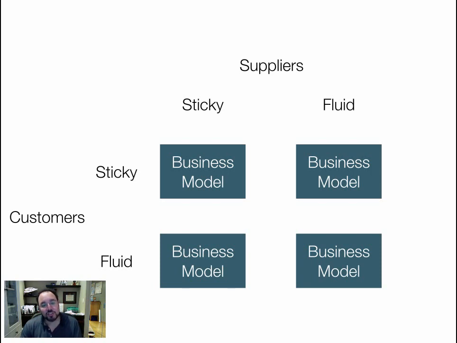Remember, an agent is sticky if they have to engage in specific investments that are directed solely at your venture, whereas an agent is fluid if whatever you're asking them to do is something that won't be particularly costly for them, especially if you didn't actually exist. And that gave a number of ways of thinking about different business models.